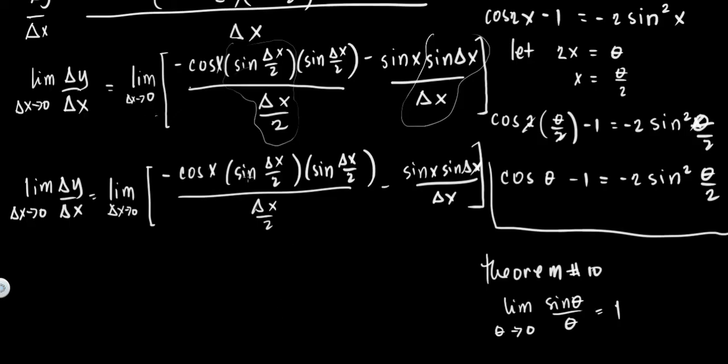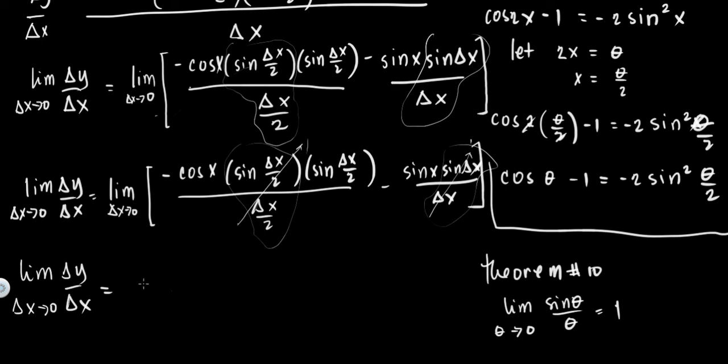Ayun. Ito yan, no? And this. Okay, so, the limit of delta y over delta x as delta x approaches 0 is equal to, the limit of this is 1. The limit of sine delta x over delta x is 1.